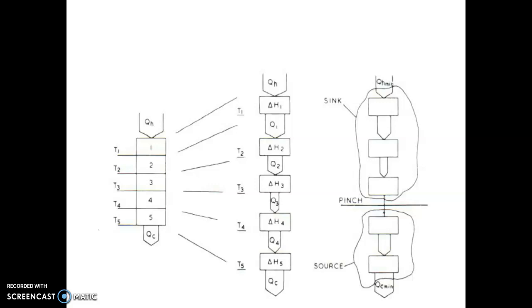So we find out the requirement of minimum hot and minimum cold utility for a given problem where we have hot and cold streams.